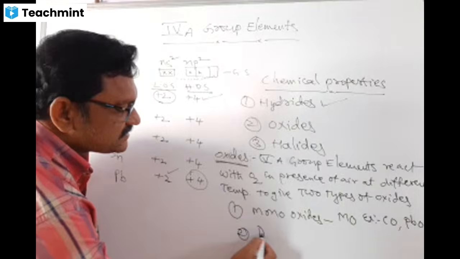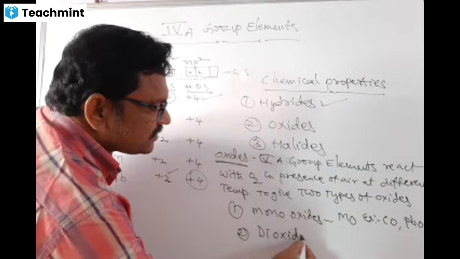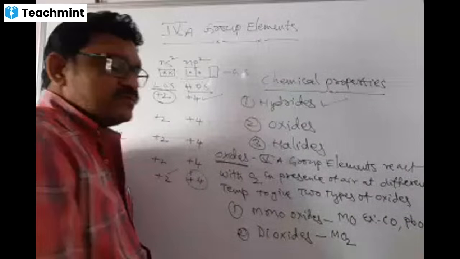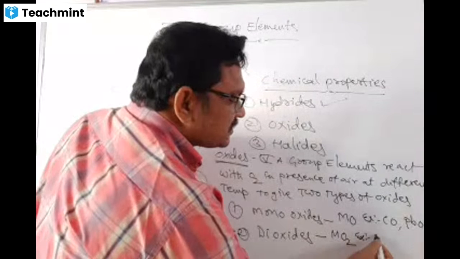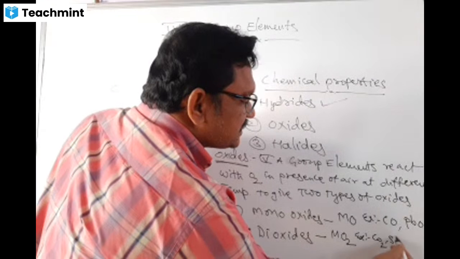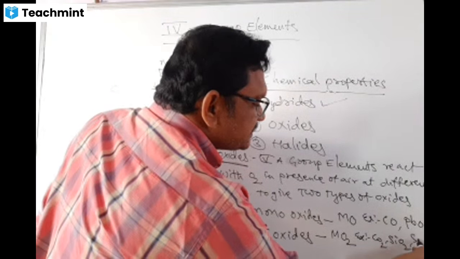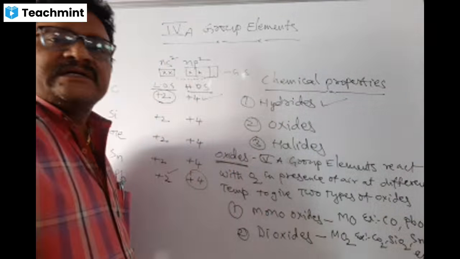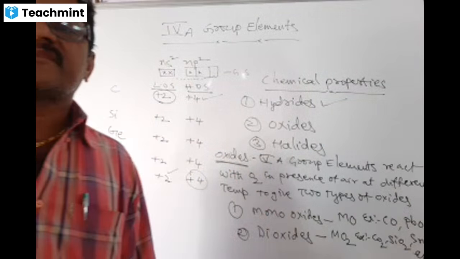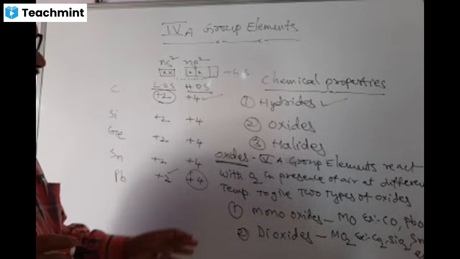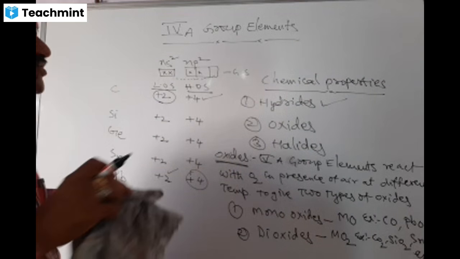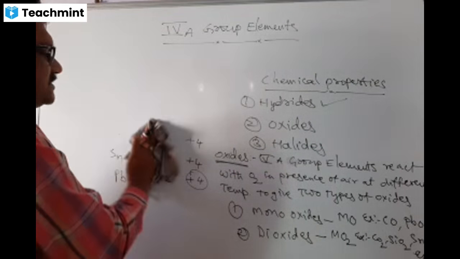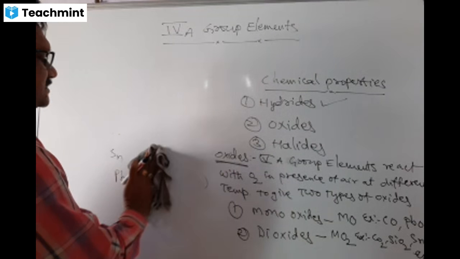The second type is dioxides, with the formula MO2. Examples are carbon dioxide, silicon dioxide, germanium dioxide, tin dioxide, etc. Preparation of dioxides is simple because every element can directly react with oxygen.